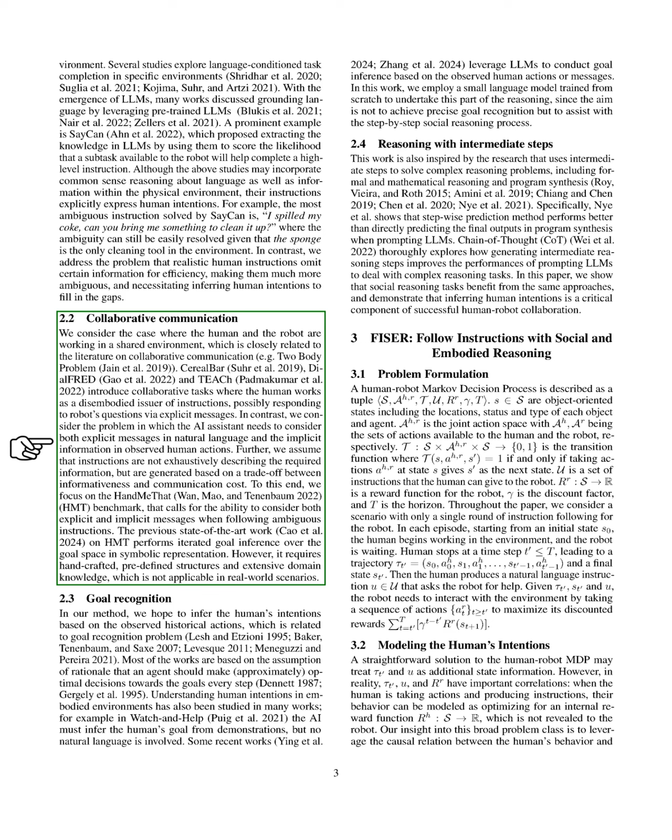We assume that instructions are not fully detailed but are a balance between being informative and minimizing communication costs. We emphasize the HandMeThat benchmark, which requires understanding both explicit and implicit messages when following unclear instructions. Previous work on this benchmark relied on predefined structures and extensive domain knowledge, which may not apply in real-world situations.